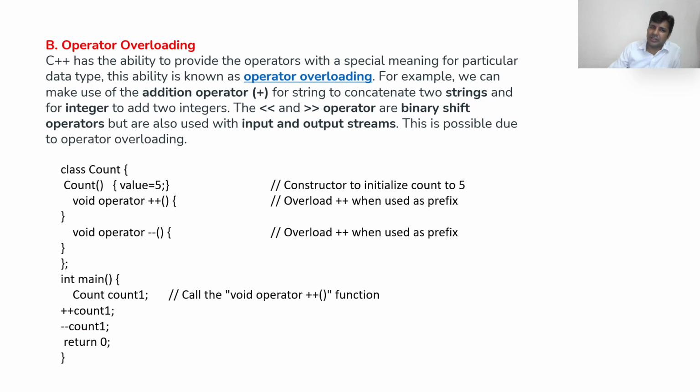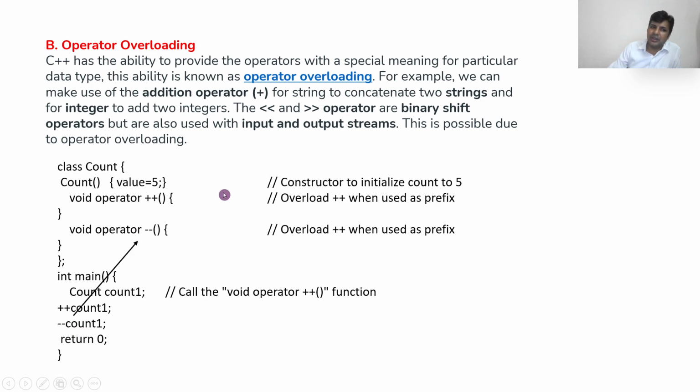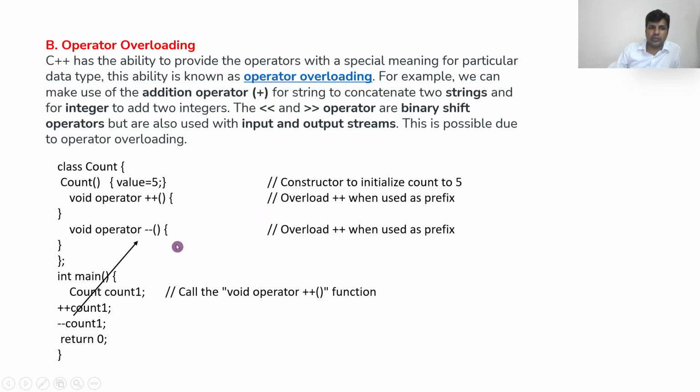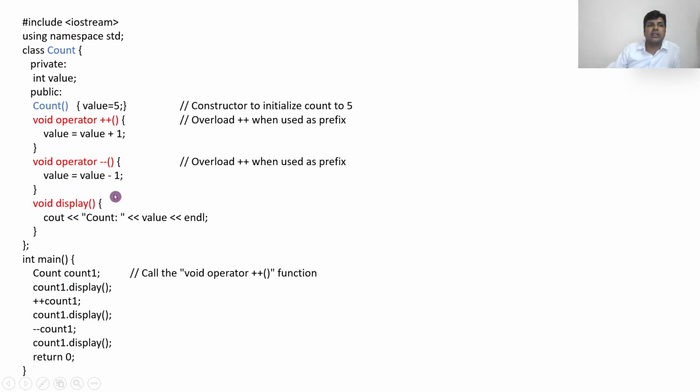Have you understood? Let us see a small program so you can understand easily. When I say plus plus, it will call this one. When I say minus minus, this one. See here what happens: you can see the class Count, and I have used a constructor to create a value, value is equal to 5, just to give the value 5.